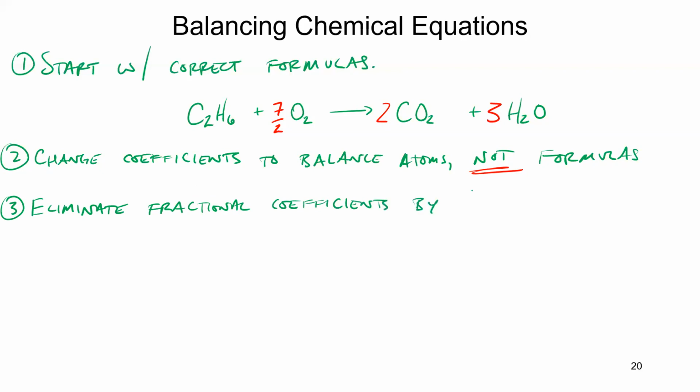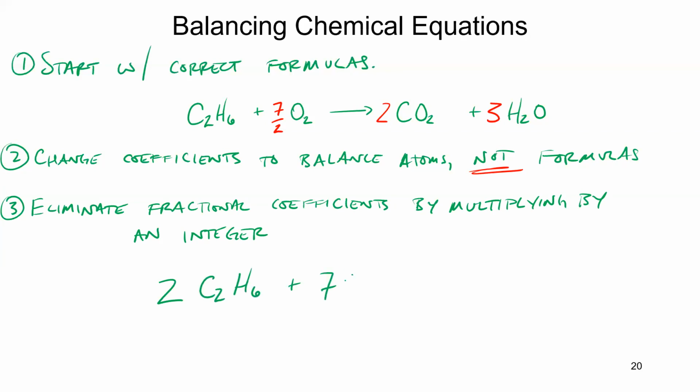We're going to do that by multiplying by an integer, a whole number. Right? And so we need to multiply by 2, and so we end up with 2 C2H6 plus 7 oxygen. Give me 4 CO2 and 6 waters.